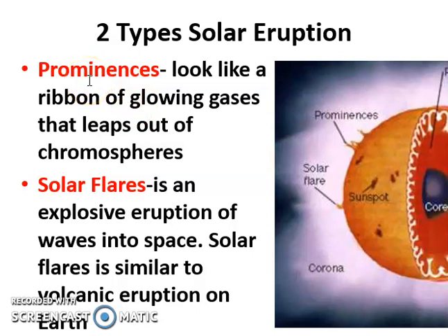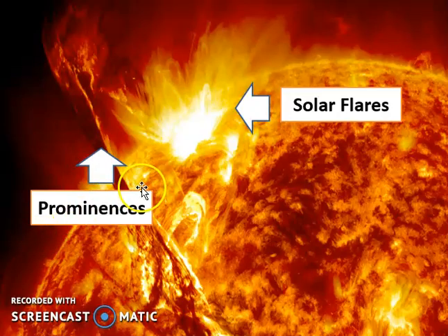Another type of solar eruption is called the prominences. Prominences look like a ribbon of flowing gases flaring. Try to look at this one. It looks like a ribbon reaction.